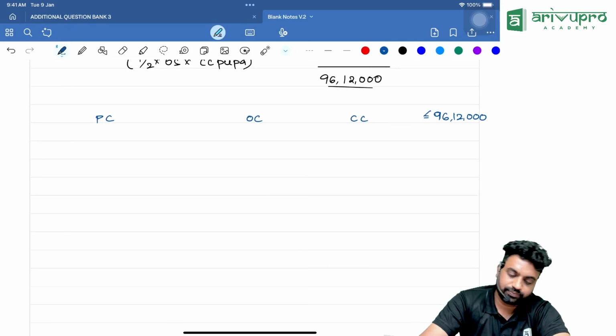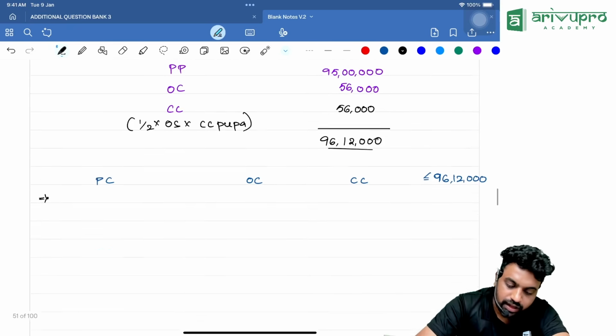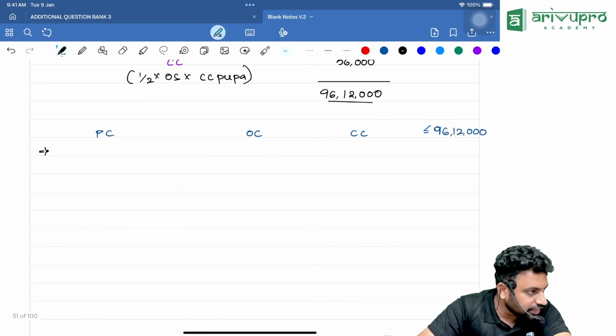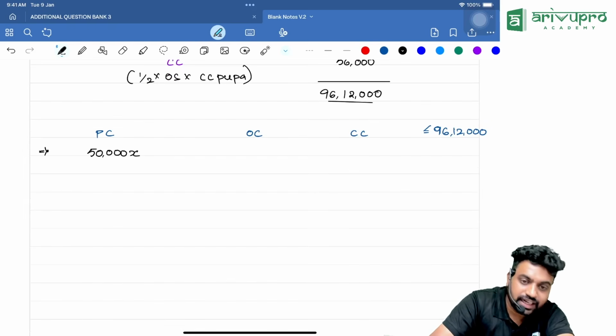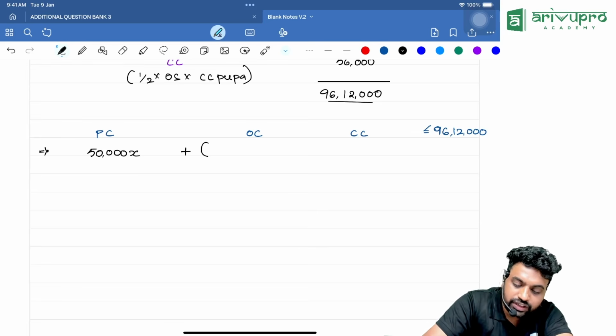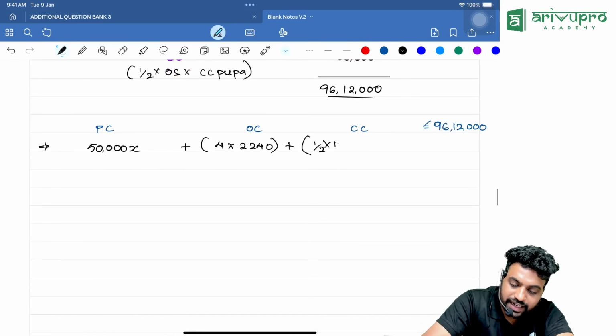Is that clear? Now, purchase cost would be very simple. You are buying 50,000 units, that will be 50,000x. Ordering cost: we have to place 4 orders, each order will cost us 2,240. Carrying cost is the thing here. Half of order size. If you want to place 4 orders, order size is 12,500 units. And the best part here is there is no X in it, straight away 56.